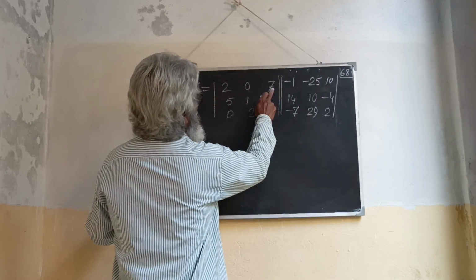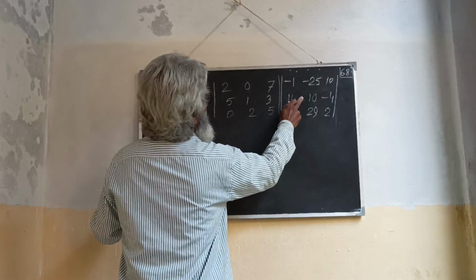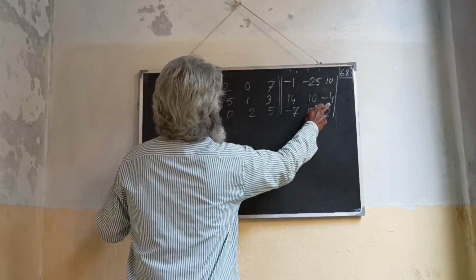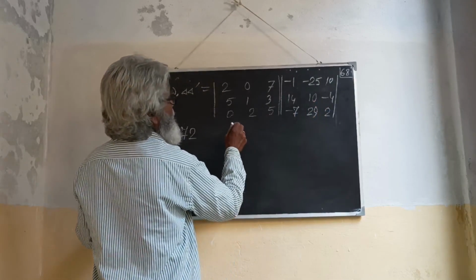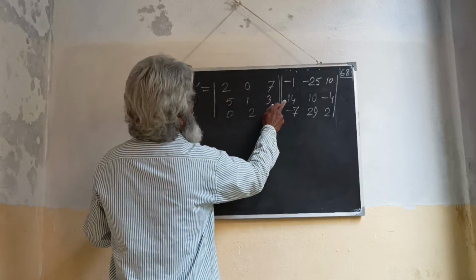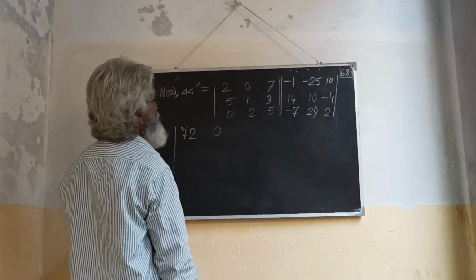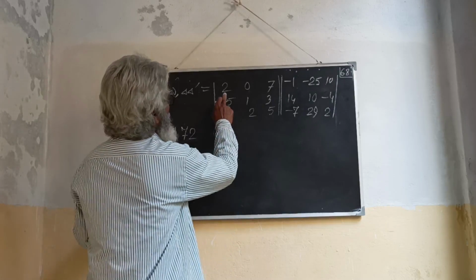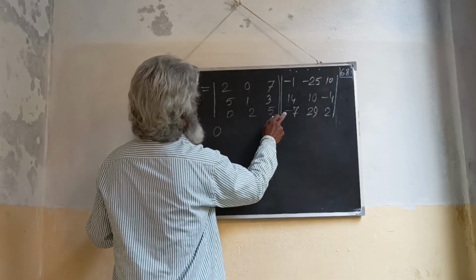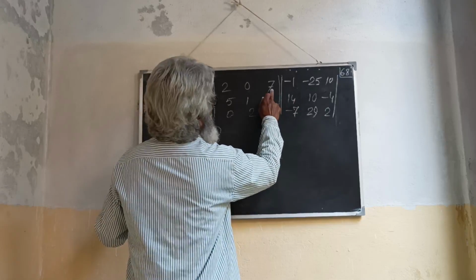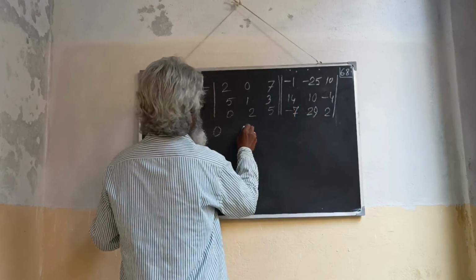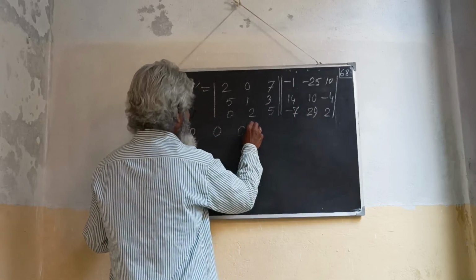Then 28, 0, minus 28, so it is 0. Minus 14, 0, plus 14, so this is also 0.